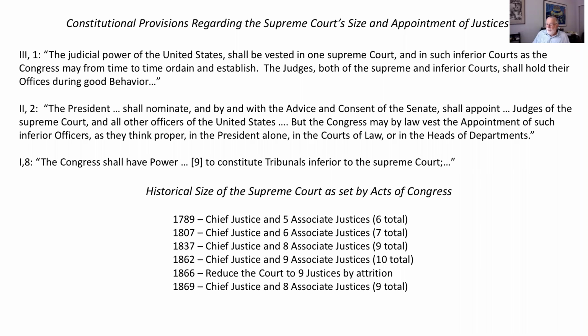The idea of 5-4 decisions, or what we call very strong minority voices, is something that happened much later. During the first 50 years of the Supreme Court, the vast majority of opinions were unanimous, or very close to it. In 1837, the number was raised to 9.